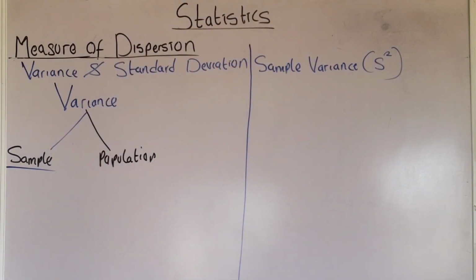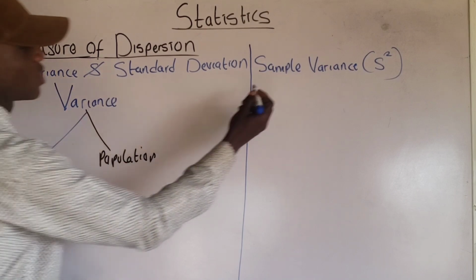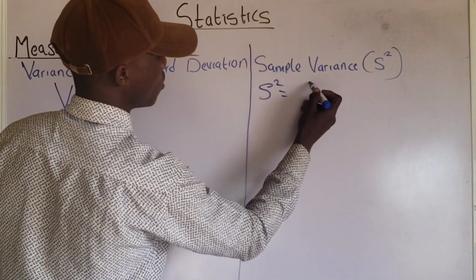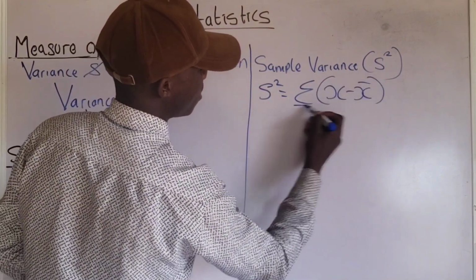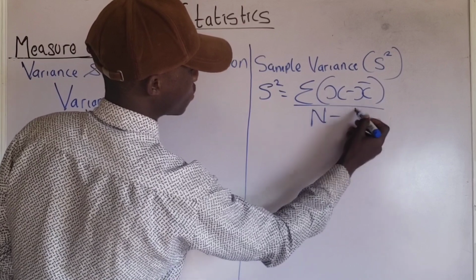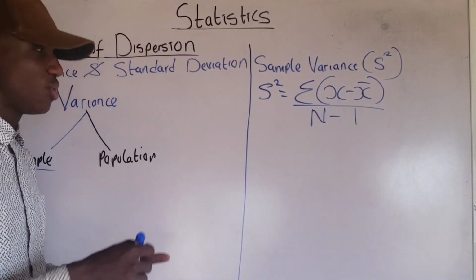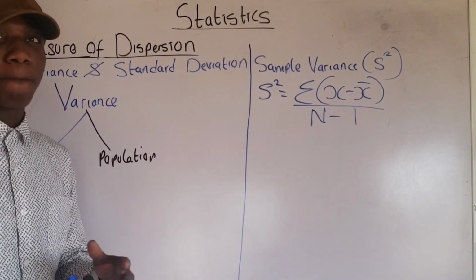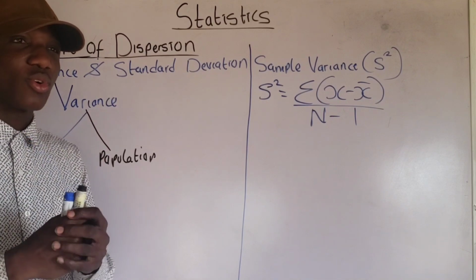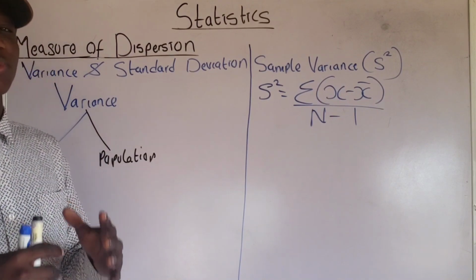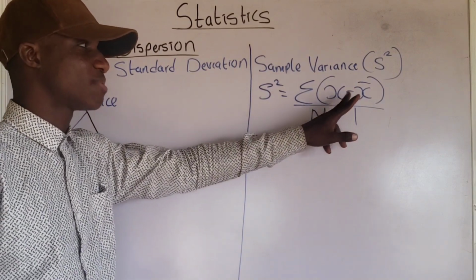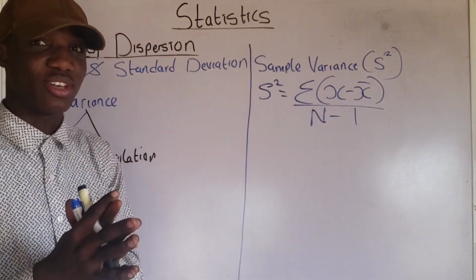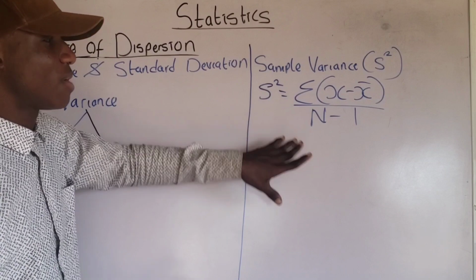If you are told to calculate sample variance, you are going to use this formula: s squared is equal to the summation of (x minus x bar) squared, all over n minus 1. I'm going to explain. In our last class we discussed mean deviation, and you can see that we still have deviation here, because x minus x bar means deviation. So this is the formula for sample variance.